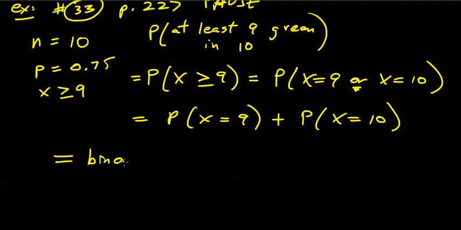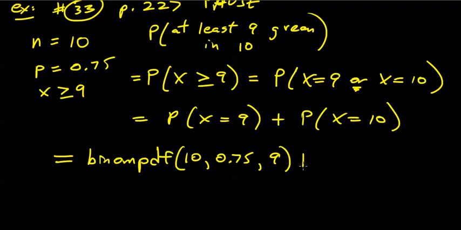So if I go to my TI-83 calculator, you're going to have to punch in some information here. You've got 10 trials. The probability of success in any one trial is 0.75. And first I'm going to look for the 9 case, and then I'm going to add to that the same operator evaluated at the 10 case, right?